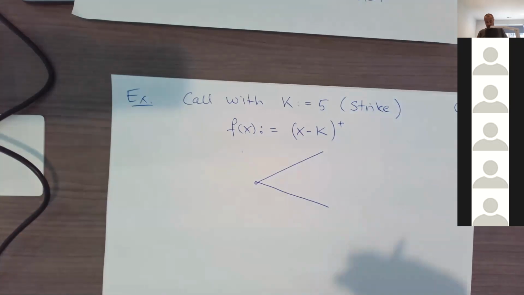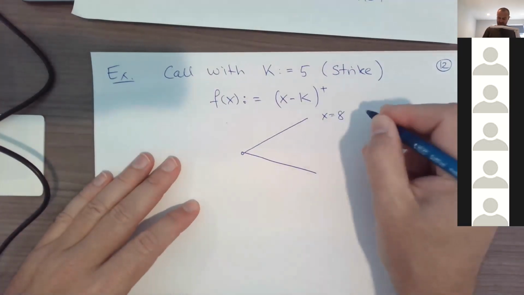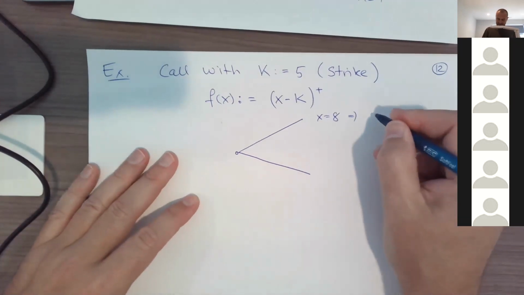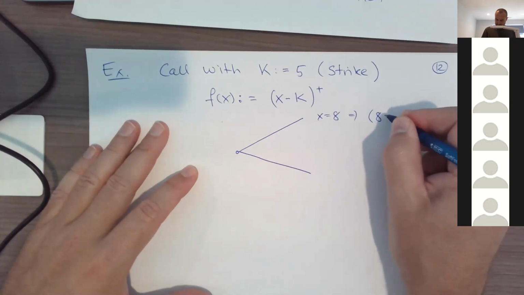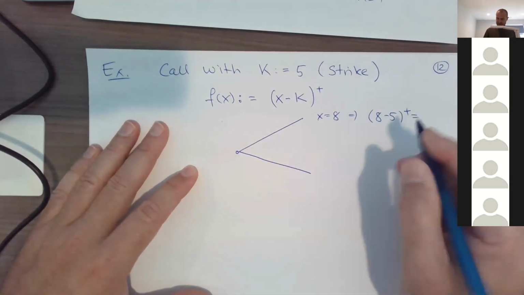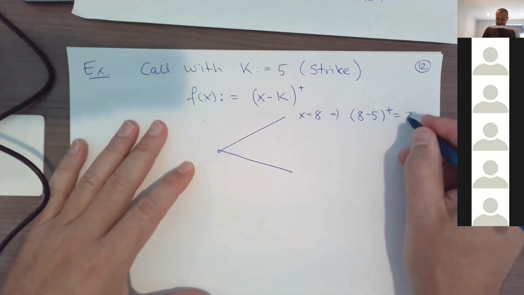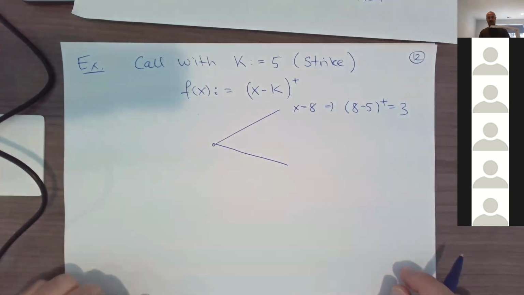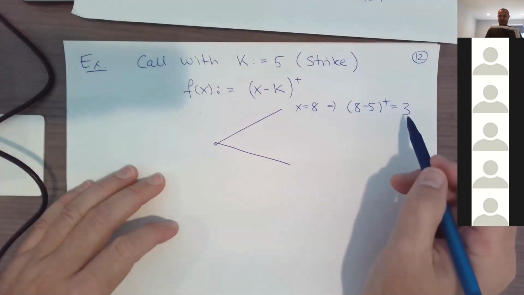If the underlying is 8, so if x is equal to 8, then that implies it will be 8 minus 5, positive part. 8 minus 5 is 3, positive part of 3 is 3. So the payoff of the call option in the up state is 3.